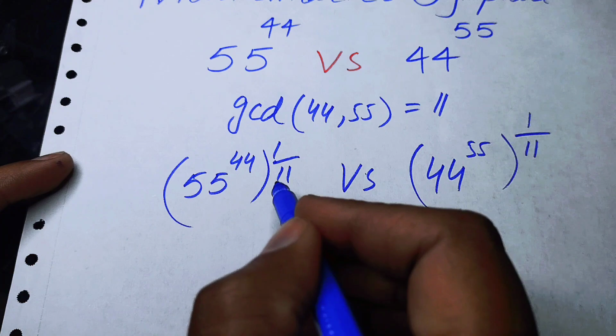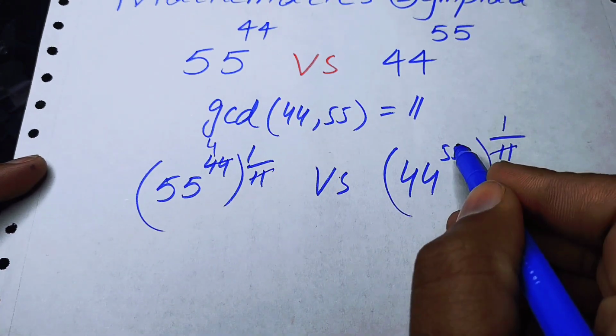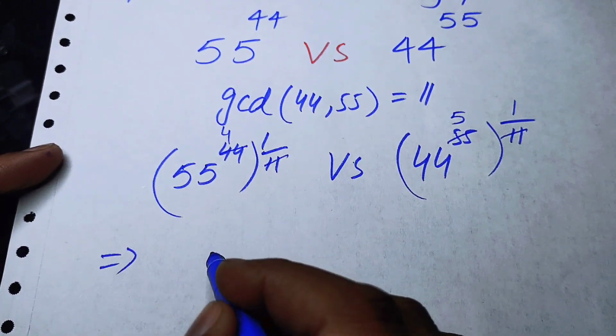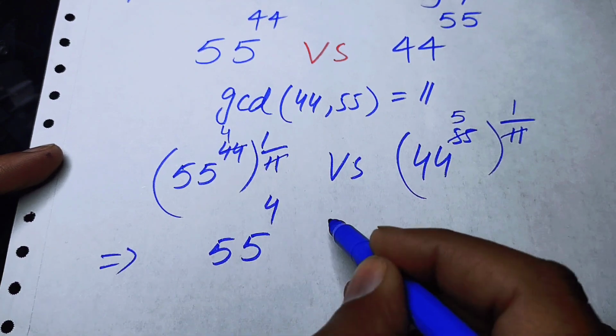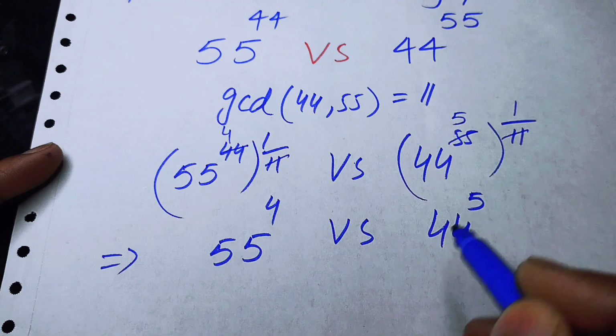Here we can see that 11 fours are 44 and here we will find 11 fives are 55. So here we get 55 to the power of 4 versus 44 to the power of 5.